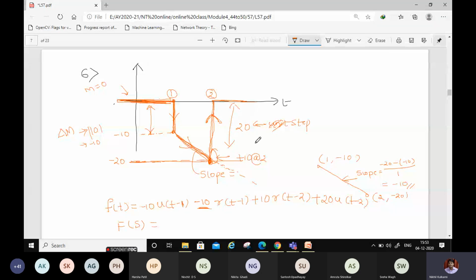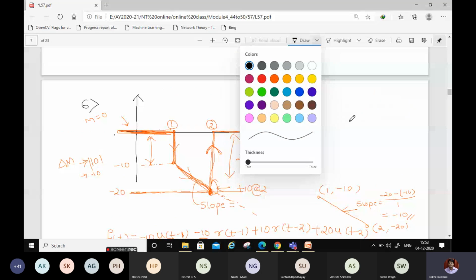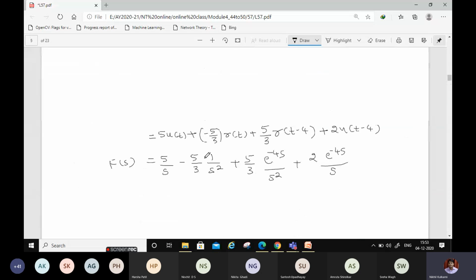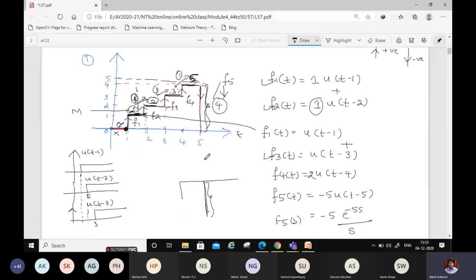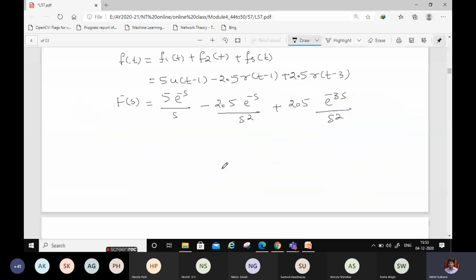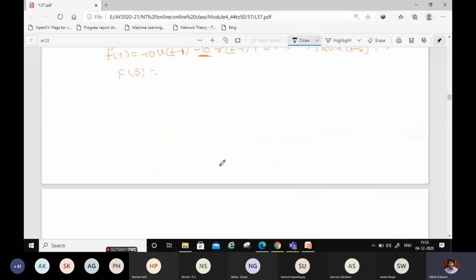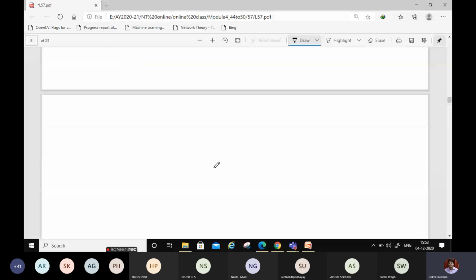Okay. So anyway, we have already discussed this one, the second problem we have taken. If we have a continuous signal like this, how to model it? This is the 7th problem.